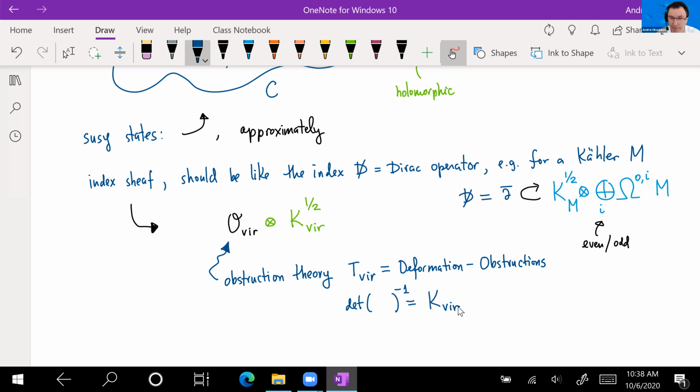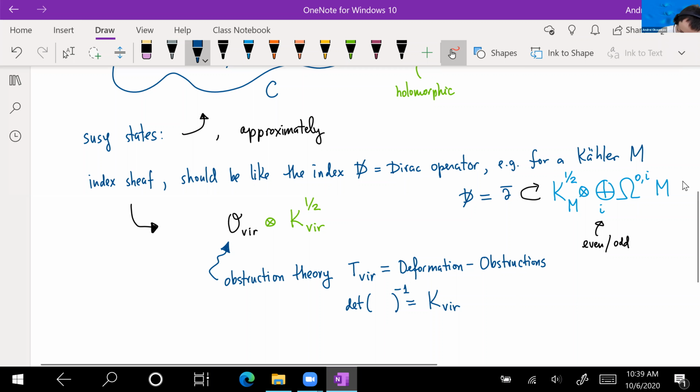It's a line bundle. There is no a priori reason, in a setup like this, for the square root of that line bundle to exist, but we'll talk about it maybe later.